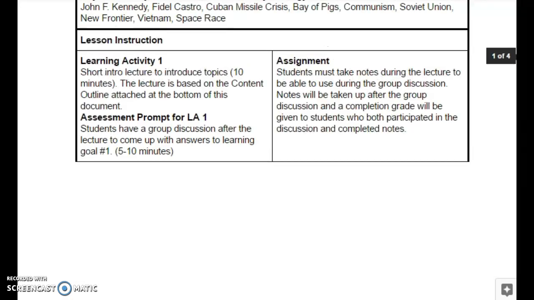So basically, the teacher will go through this content outline and do a quick overview, on the surface, to get the students to understand the overarching themes of the Middle Cold War, and then we'll have a group discussion for another 5 to 10 minutes, maybe longer, depending on how the students are participating.